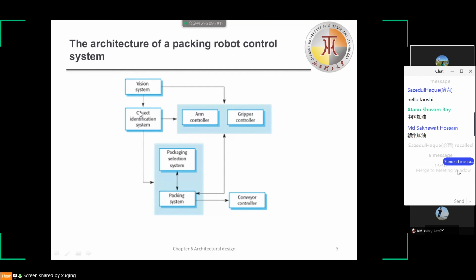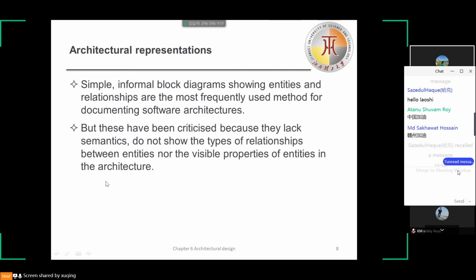And arrows here, they mean that data or control signals are passed from component to component in the direction of the arrows.